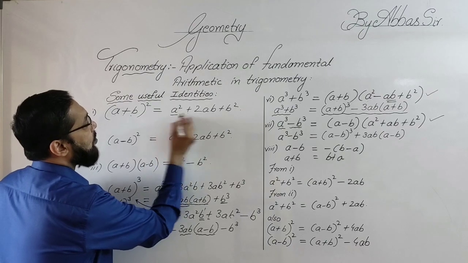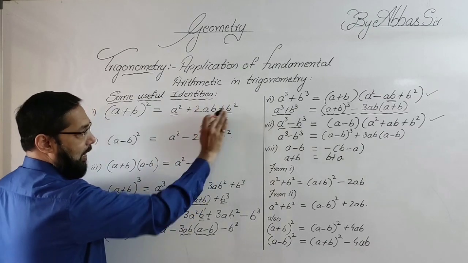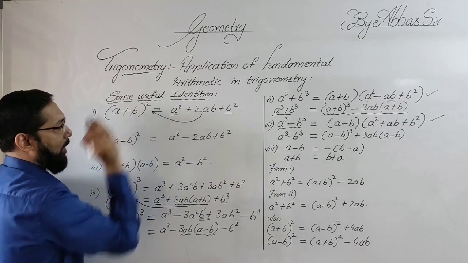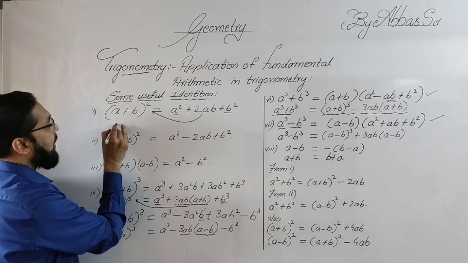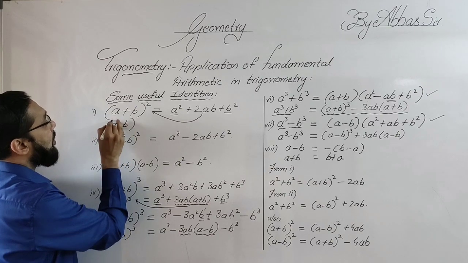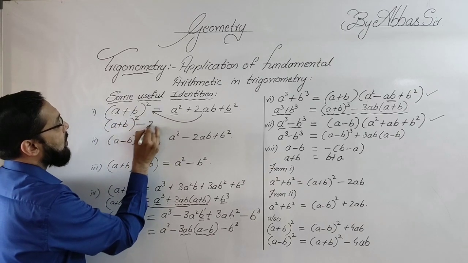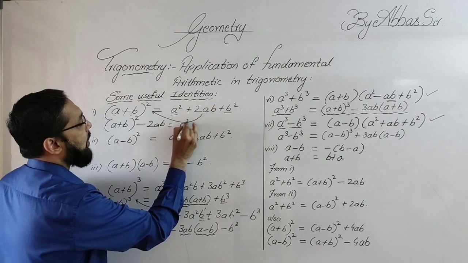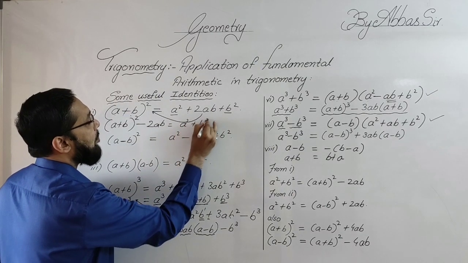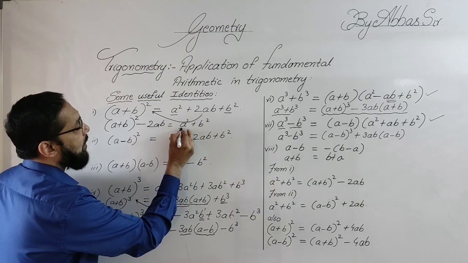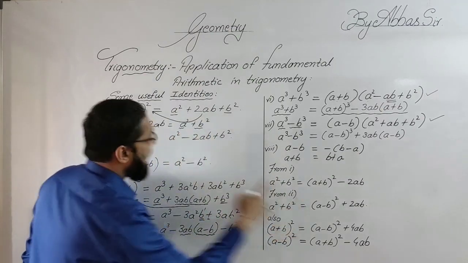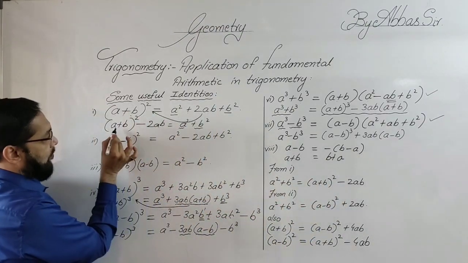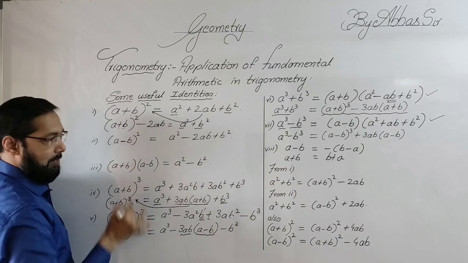Keeping a square plus b square where they are, if I take the term 2ab from RHS to LHS, I get a plus b the whole square minus 2ab is equal to a square plus b square. So we can write a square plus b square as a plus b the whole square minus 2ab.